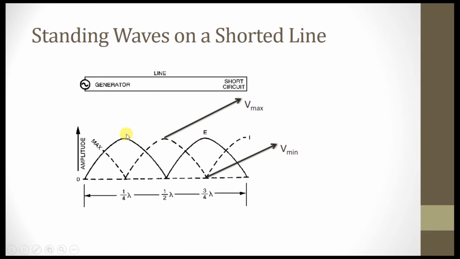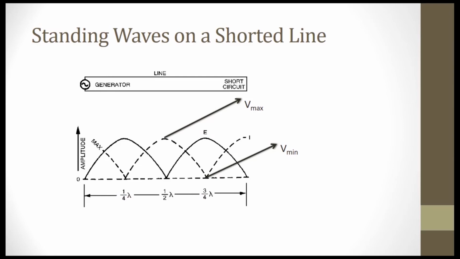The broken line represents the voltage while the solid line represents the current. At quarter wave points, our voltage becomes minima, for example, at 1/4 wavelength and 3/4 wavelength.